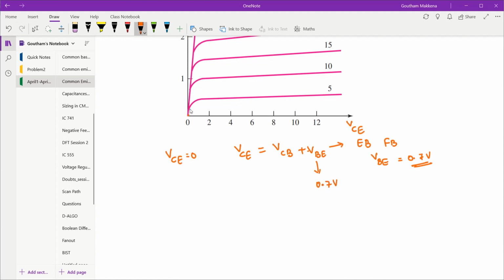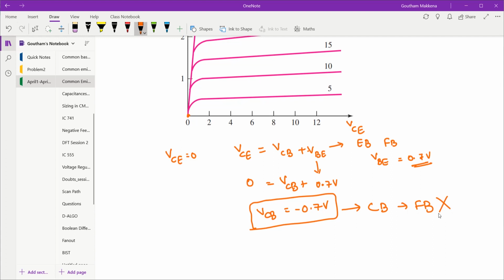But when VC is equal to 0, that makes VCB equal to minus 0.7 volts. That results in a negative VCB. When VCB is negative, the collector base junction is not reverse biased anymore.